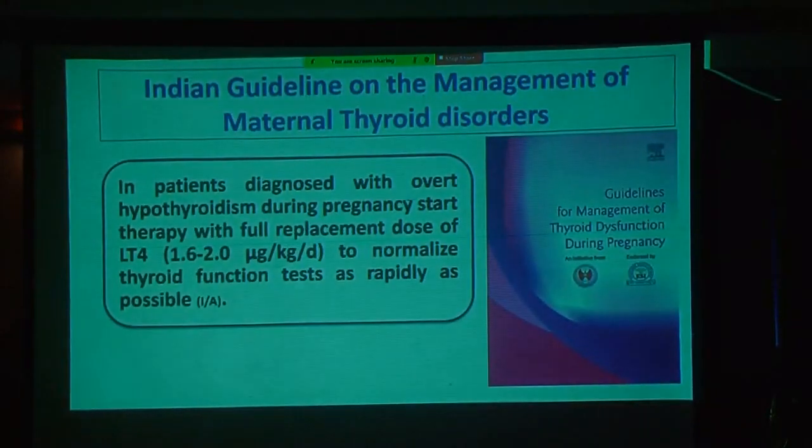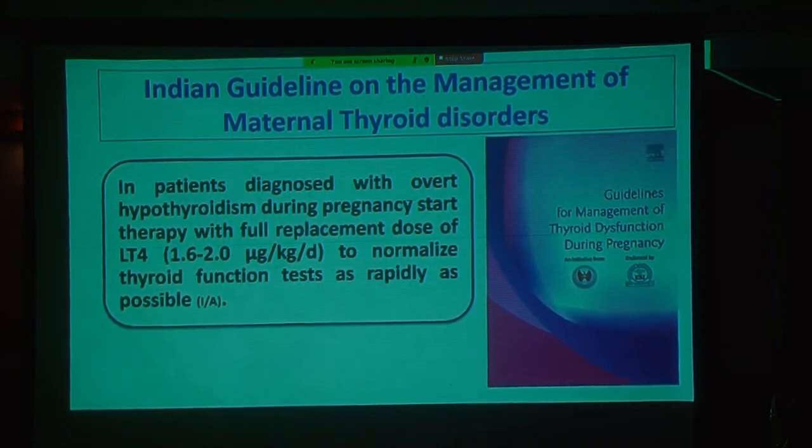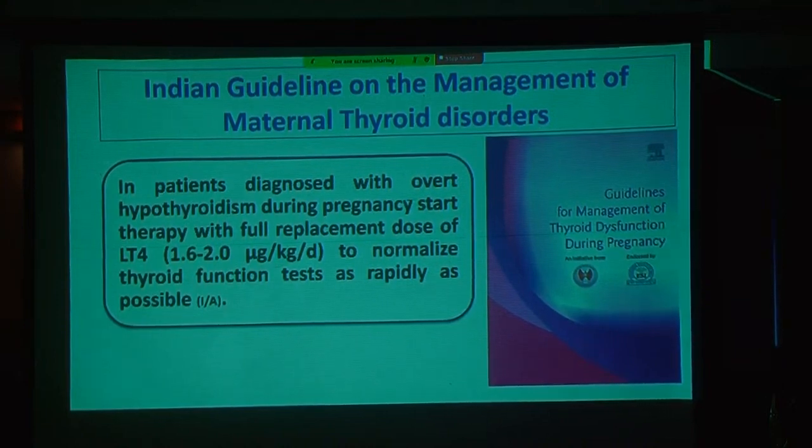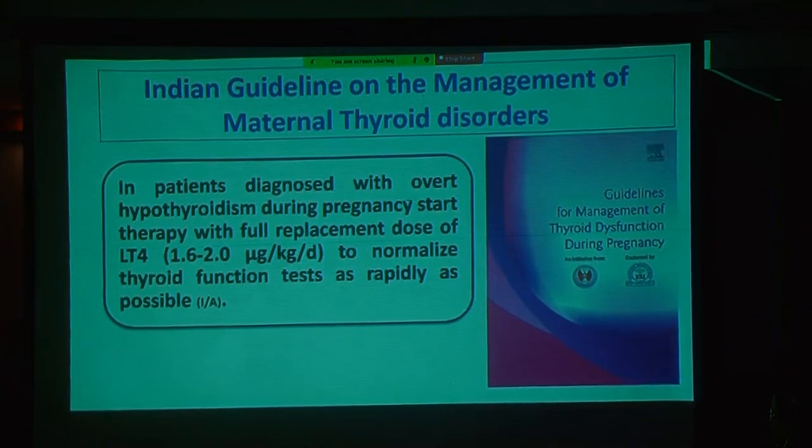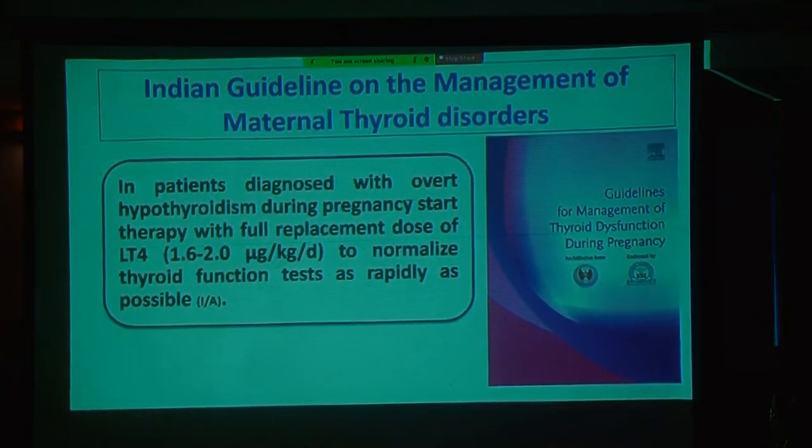So now you have diagnosed a case of overt hypothyroidism. Usually, the TSH may be 7 or 8, and T3 and T4 are slightly low. That means overt hypothyroidism.